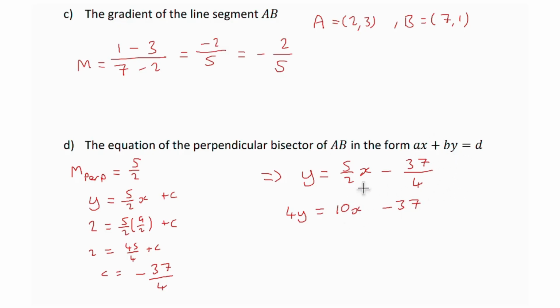And then pulling this all together, we either get 10x minus 4y equals 37, or alternatively you might have got minus 10x plus 4y equals negative 37. Either of those would be correct for the final answer here.